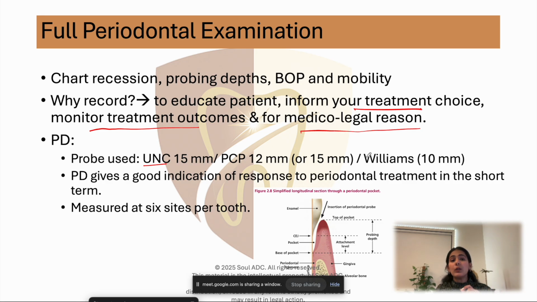Plus, your bleeding on probing, as I said, is the first sign. It will also show us if things have improved or not. Our main concern is, suppose a tooth had 6 points and all the 6 points had bleeding, we have to reduce that. So, two things we need to do. One is the probing depth should reduce for the patient, and the bleeding sites should get reduced.